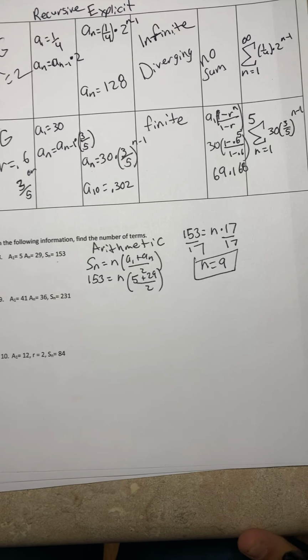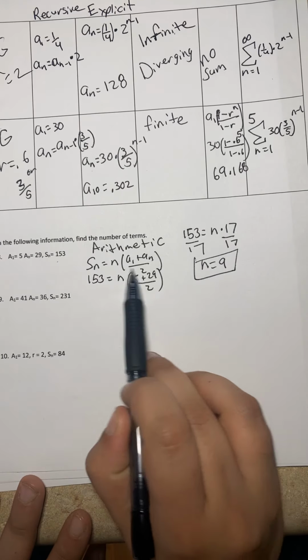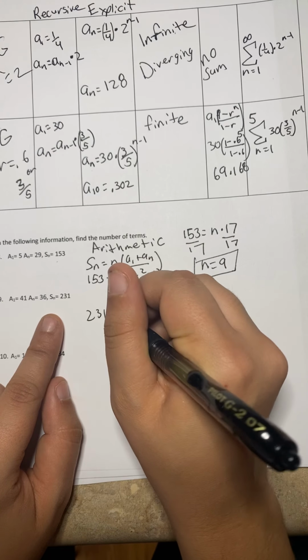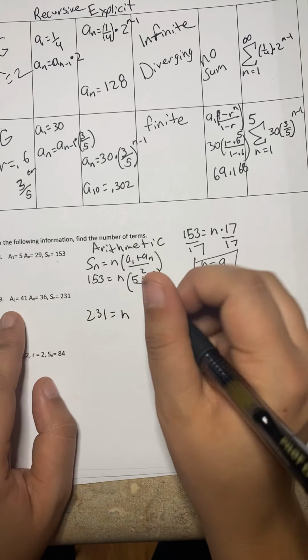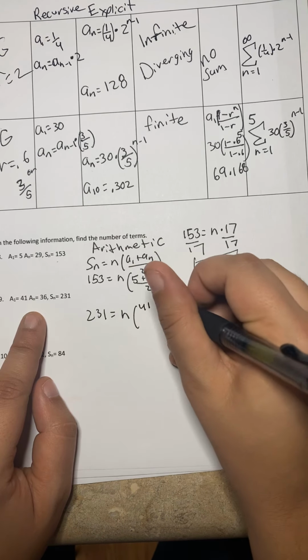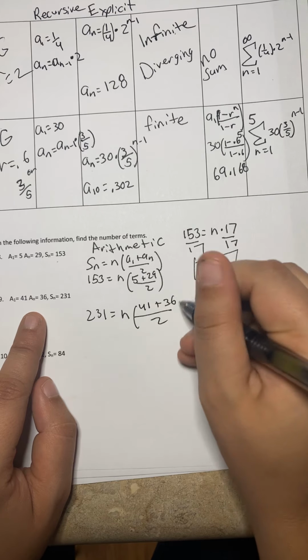Okay. Number 9, we've got a sub 1, a sub n, and s sub n, same thing as number 8. It's arithmetic because I'm not given my r value. So again, we're going to use the equation right up here. It tells me s sub n is 231. We don't know what n is. A sub 1 is 41, plus a sub n is 36, divided by 2.